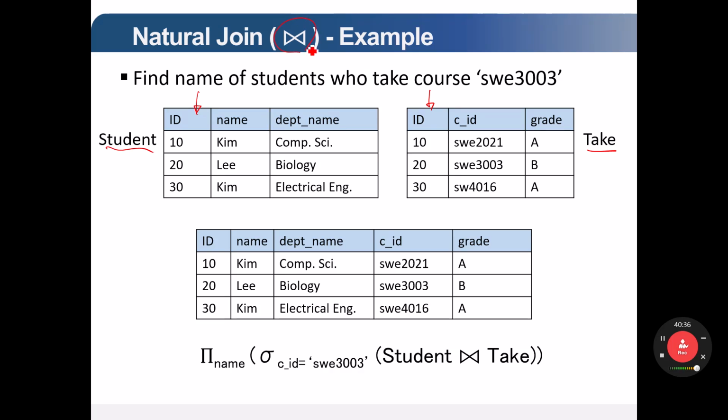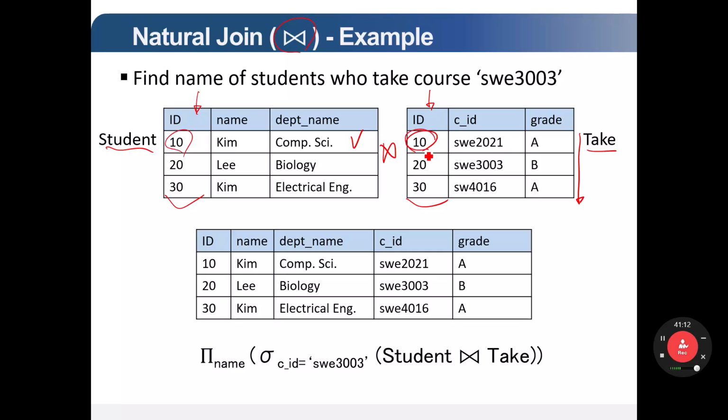And when you apply natural join, we only look at the common attribute, ID, and we iterate that nested for loop and find only matching records using the common attribute. So for the first tuple of student table, we scan takes table and then find the common value in that common attribute.